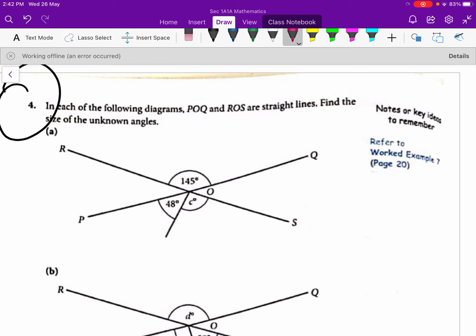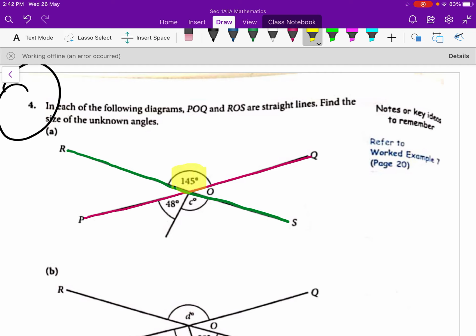So if I just highlight the line PQ, and I highlight the line RS, can you see that they form a cross? So with this cross, the angles on the opposite sides are equal.